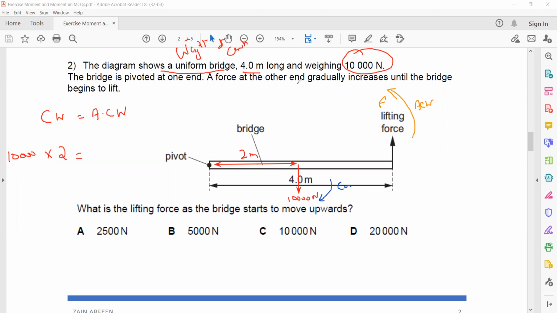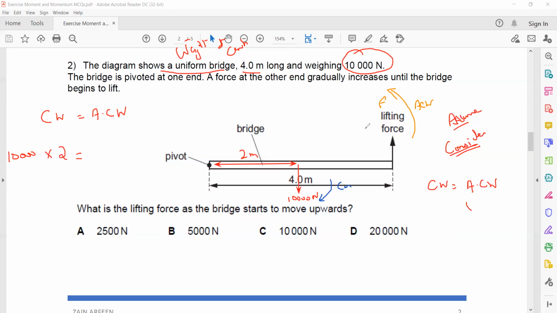Whenever you are solving these questions, if nothing is mentioned, you have to assume that the clockwise moment is equal to the anti-clockwise moment. That is your assumption if nothing is mentioned in the question.